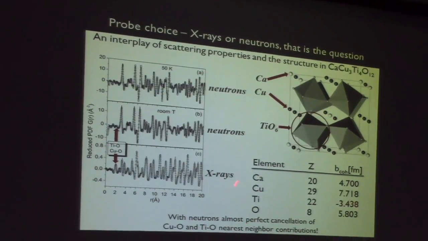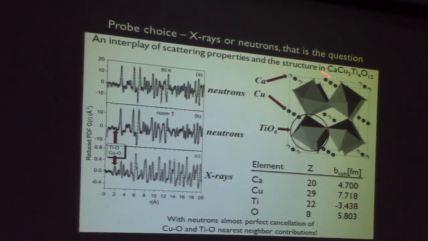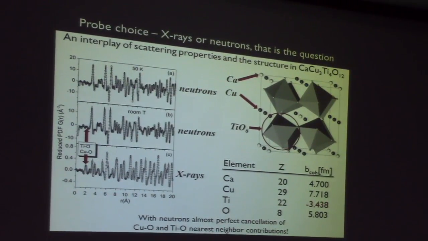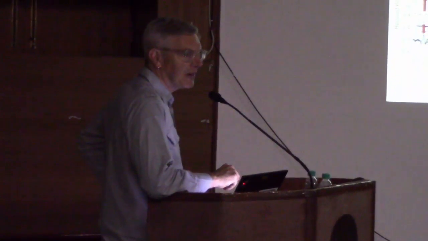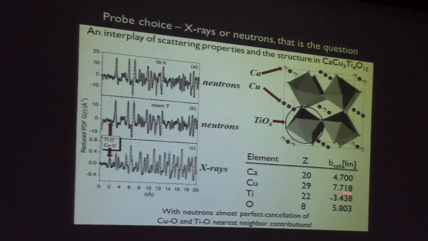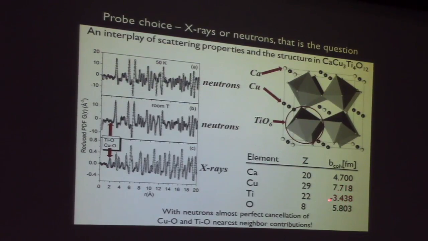And sometimes you can make a material like this, which is some kind of mixture of different elements. This is a dielectric material that we're interested in. Basically there's a very strong titanium-oxygen peak here. It contains titanium-oxygen and copper-oxygen. And just by chance, the composition of that peak included twice as much titanium as copper. And the titanium has a negative scattering length, which is half that of copper.